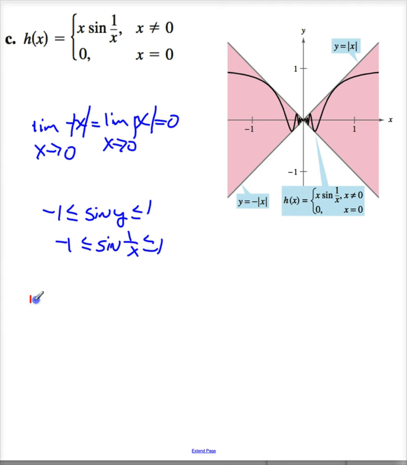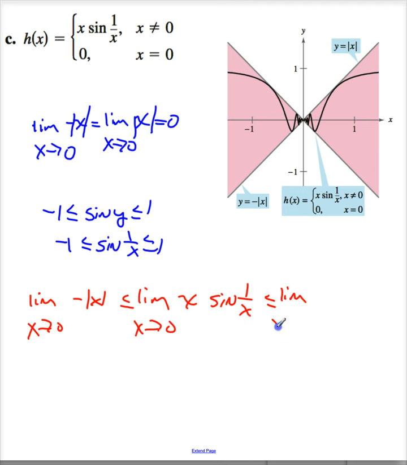So the limit as x goes to 0 of minus the absolute value of x is less than or equal to the limit as x goes to 0 of x sine 1 over x is less than or equal to the limit as x goes to 0 of the absolute value of x.